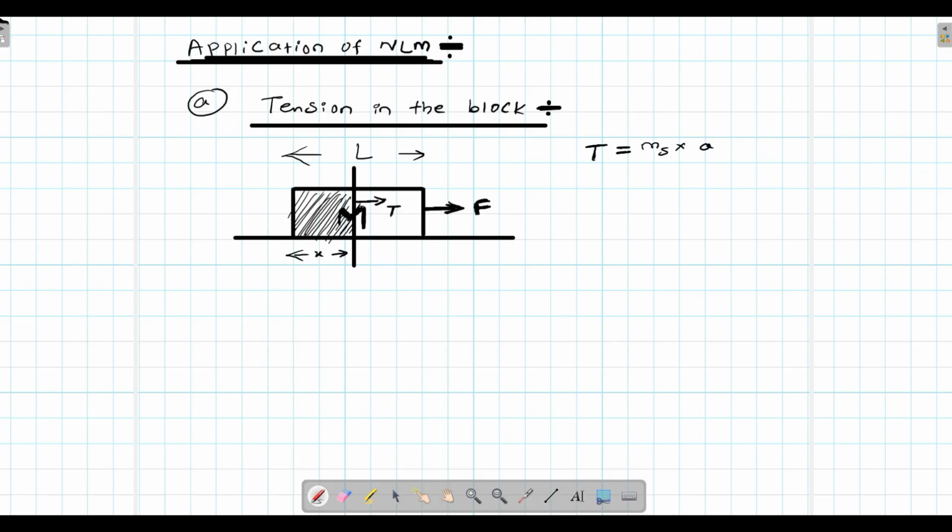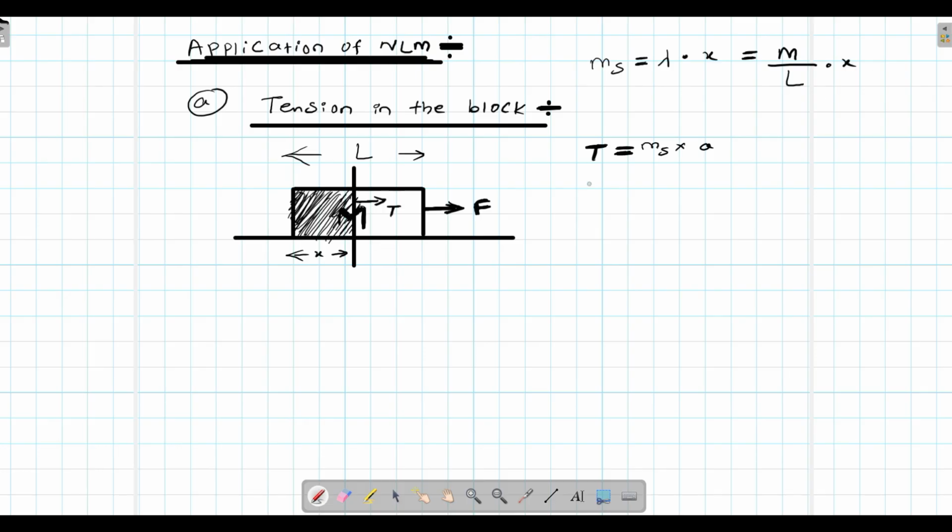T equals the mass of the shaded portion into acceleration. Mass of the shaded portion equals lambda into x. Lambda is mass divided by length, into x.